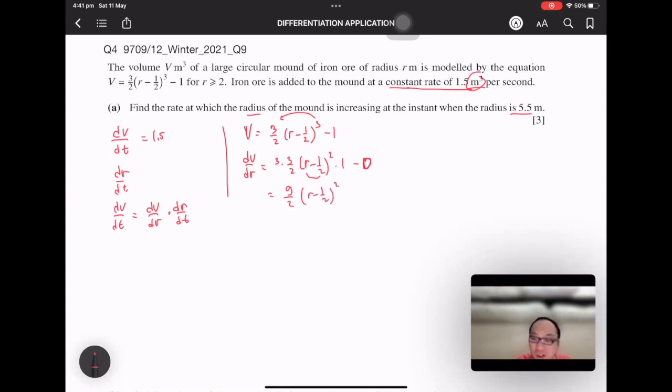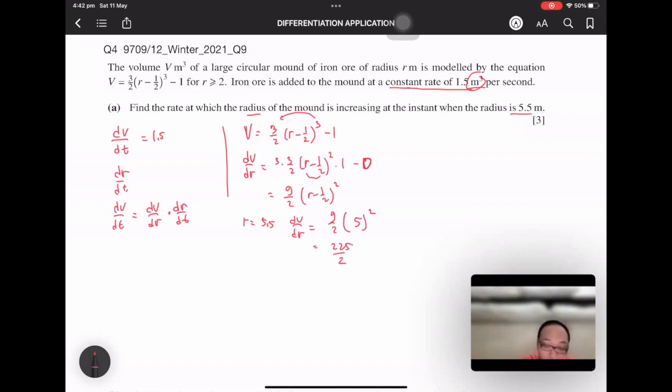So we can find when the radius is 5.5. When r equals 5.5, the dV/dr will equal 9 over 2 times (5.5 minus half) which is 5, squared. So 9 over 2 times 25 equals 225 over 2.